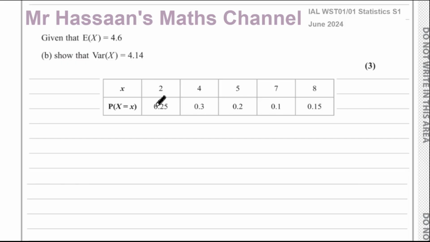Now, then it says, given that E(X), which is the expected value of X, or the mean, is 4.6, show that the variance of X is 4.14. So what we should understand is that the variance of X is given by the mean of the squares minus the square of the mean.